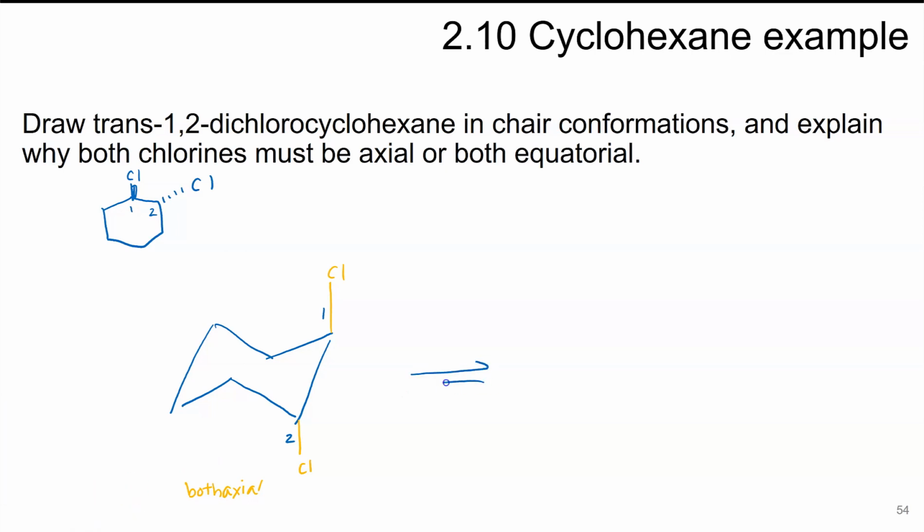If I do a chair flip, this moves here and this goes here. Both equatorial.